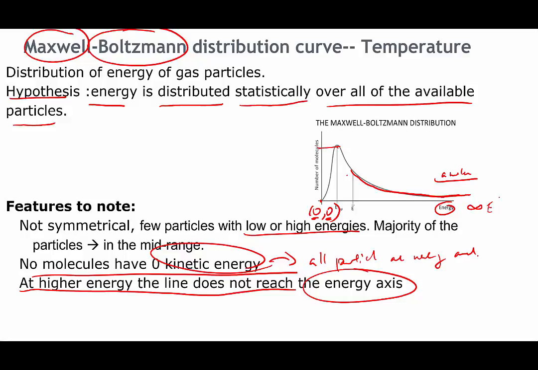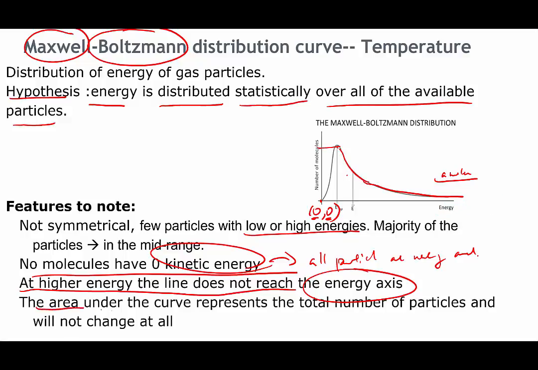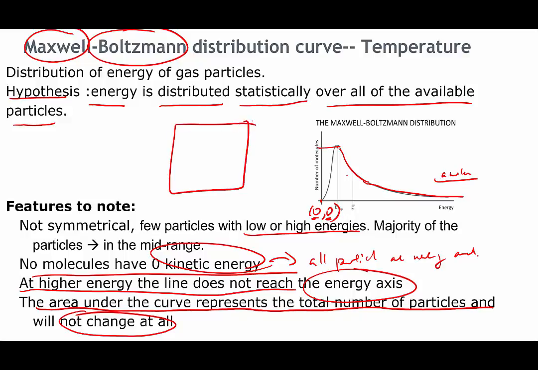So let's hypothesize that at infinite energy, there's still going to be some molecules that possess that energy point, which is quite interesting as well. The next part is, the area under the curve represents the total number of particles and will not change at all. So in a closed system, if I put a top on my beaker, or I close the mouth of my balloon, there's always going to be the same amount of gas particles.